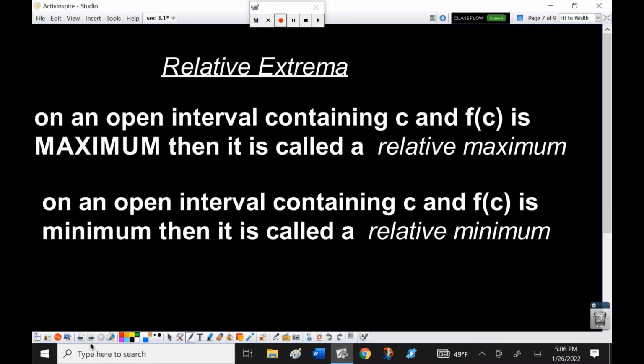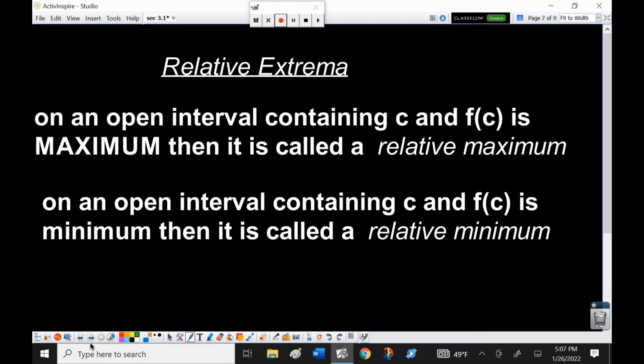Now, open intervals don't necessarily include the endpoints. Sometimes the endpoints are non-existent. Sometimes they just go on forever. Okay? They're infinite. And we'll talk about this in a second. If f of c is the minimum value on an open interval containing c, then it is called a relative minimum.